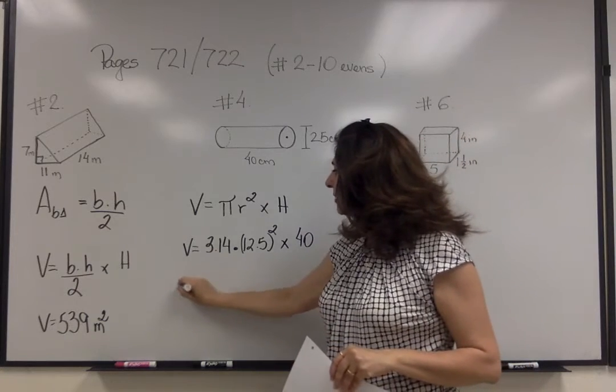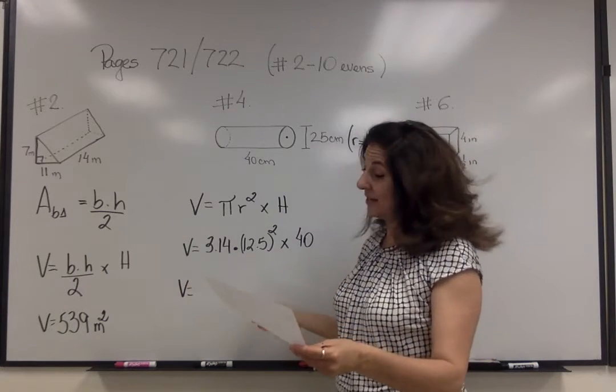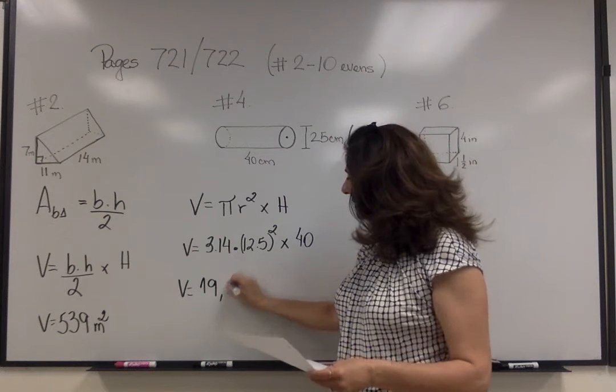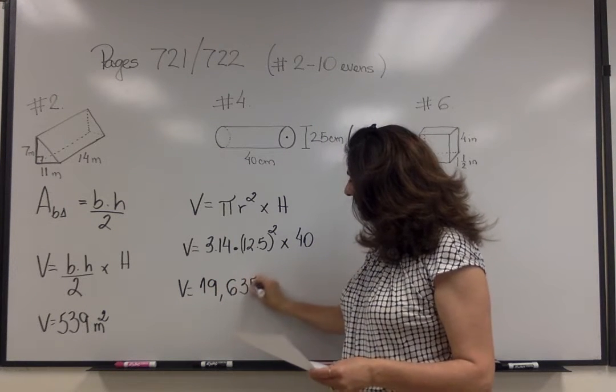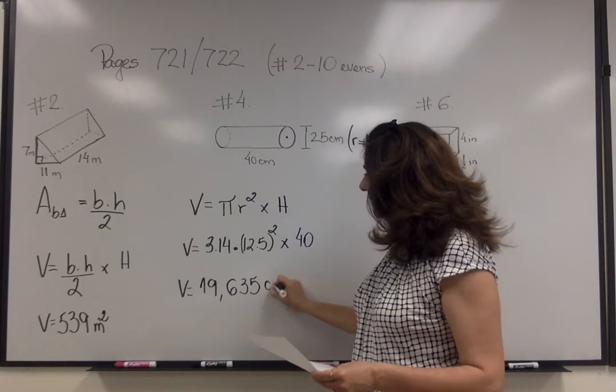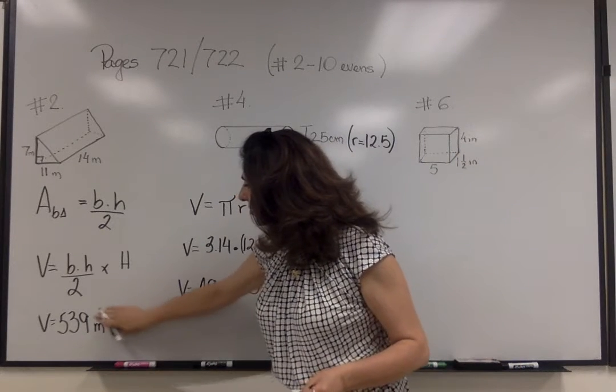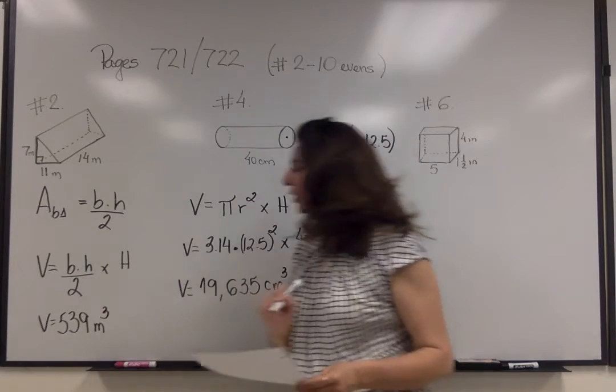So when we multiply all this, I've done this again, this is 19,635 centimeters cubed. Sorry here, this is not square, this is cube.